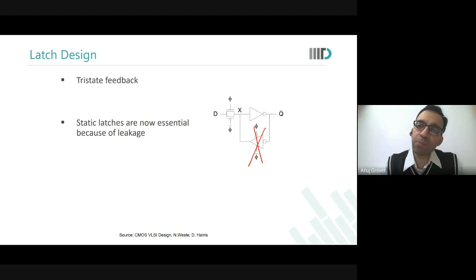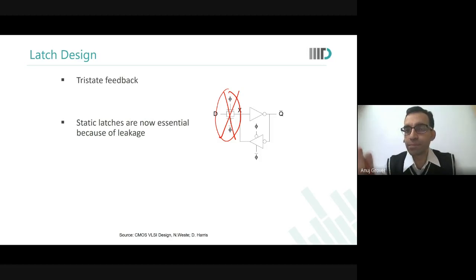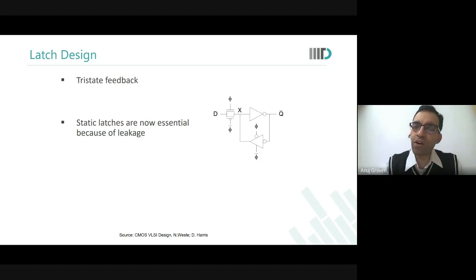Only when the clock cuts this off, this circuit goes active, and now my latch holds the data as it is. So now you've taken care of the problem of output being dynamic also. Are you able to see this?